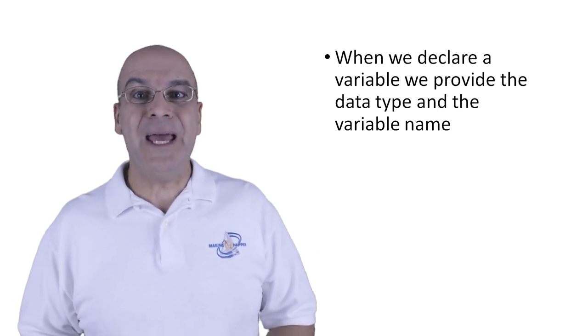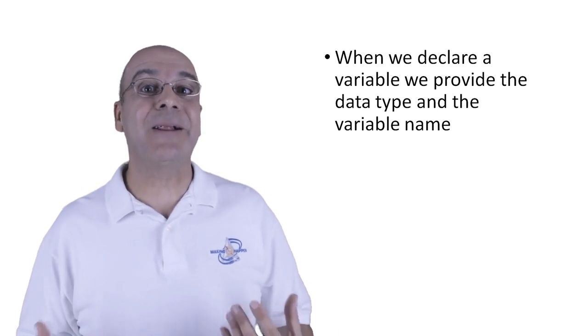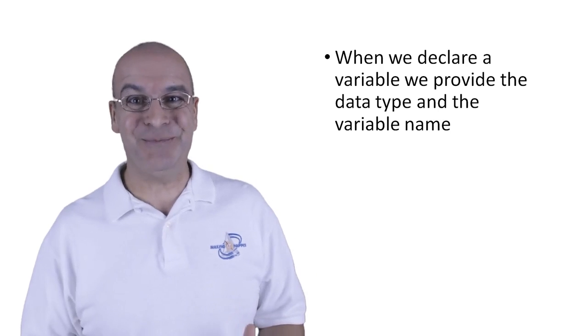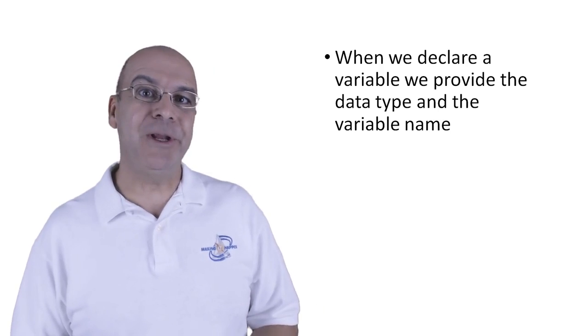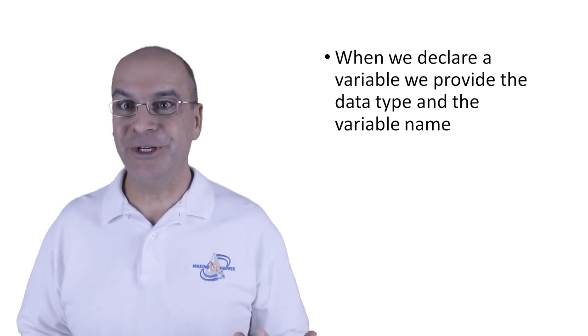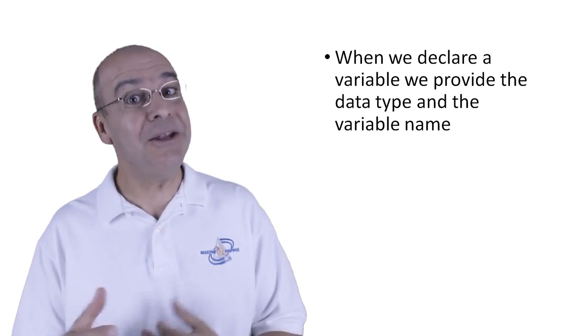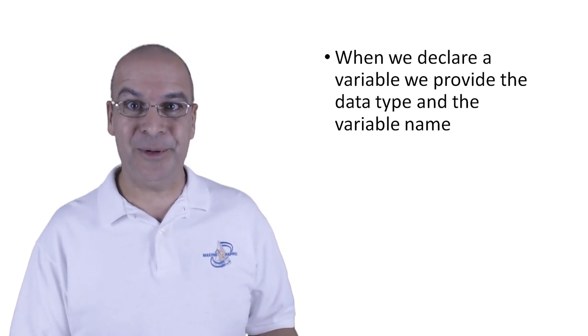So the way we get a named space in memory is by declaring a variable or by declaring a constant. Let's talk about variables first. We declare a variable by putting a data type first, so that the compiler knows how to interpret the ones and zeros and knows how much memory to allocate for this particular variable.